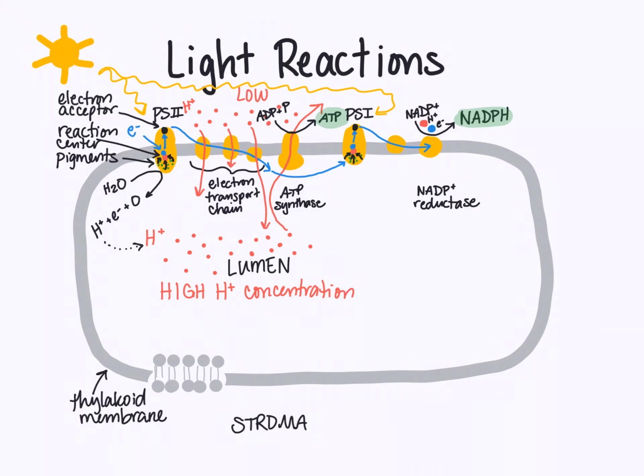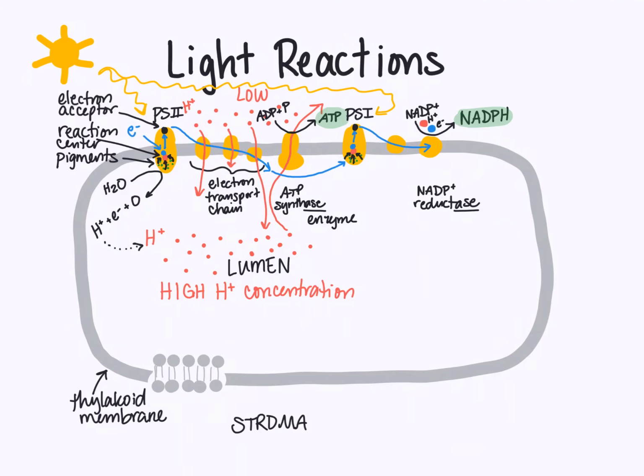I also want to point out some things about the names of the enzymes involved in this process. So first of all, if we look at the name of ATP synthase, remember that ASE tells us that it's an enzyme. And we see that in the NADP plus reductase as well. So the ASE tells us that it's an enzyme. Now, the first part of the enzyme name tells us what it does.